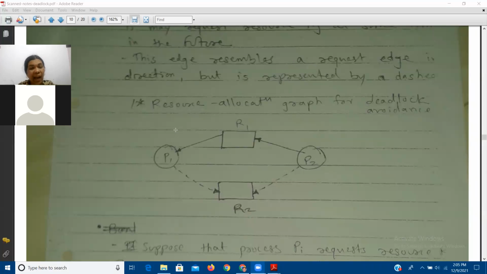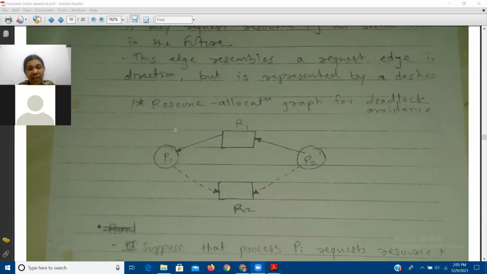So this dashed arrow from P1 to R2 will get converted into a request edge, that is, into a solid edge. Initially it is represented as a dashed line.